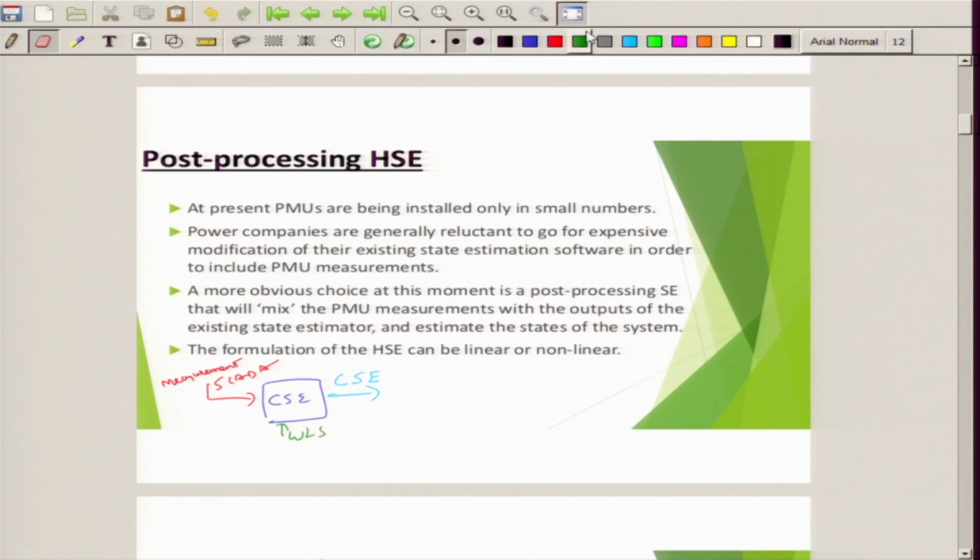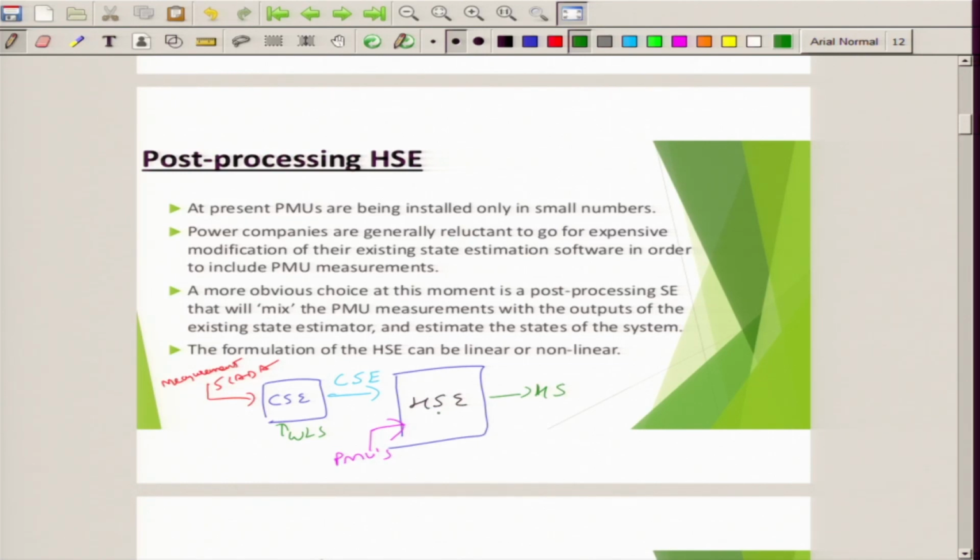Now this conventional state estimation is given as an input to the hybrid state estimator, along with the input from PMUs, and this output is the actual state estimation or hybrid state estimation.